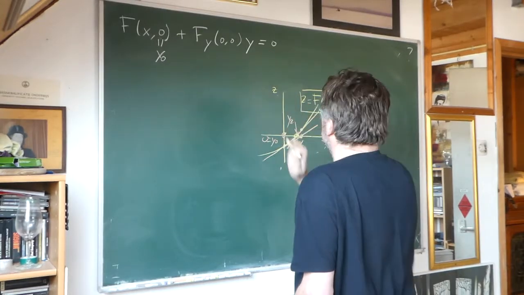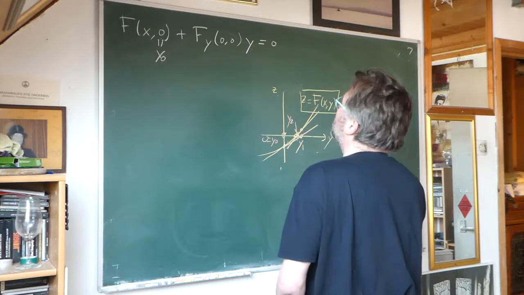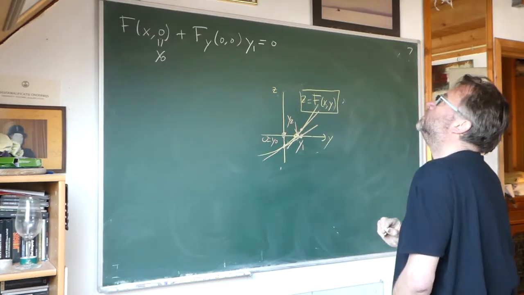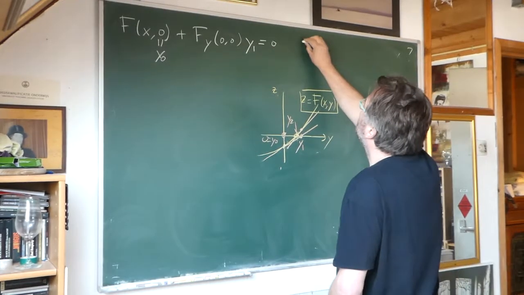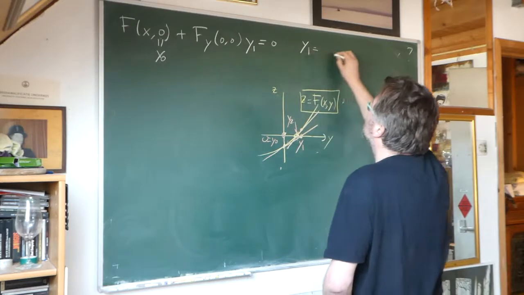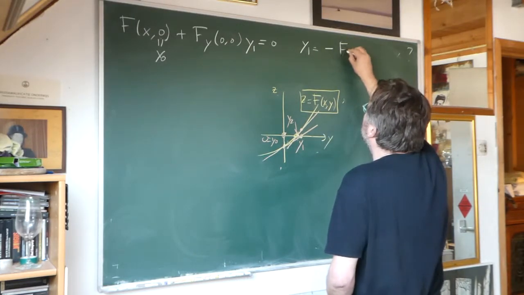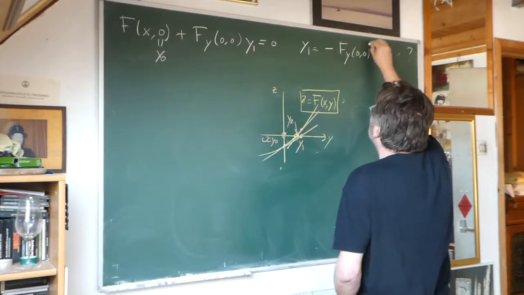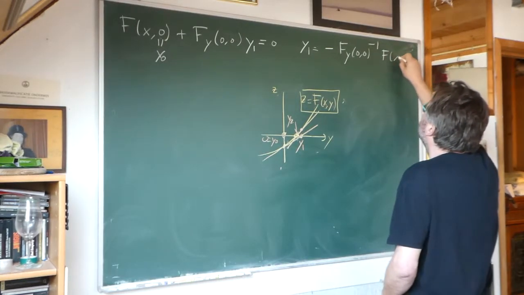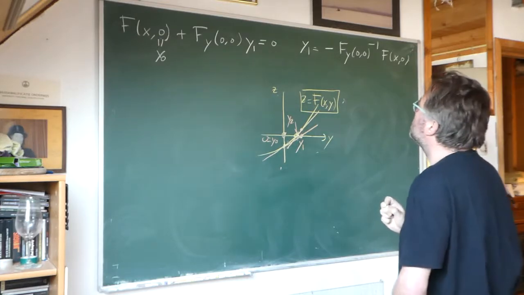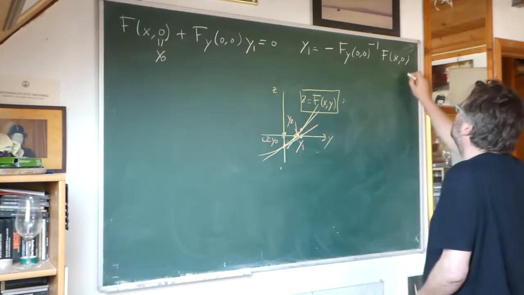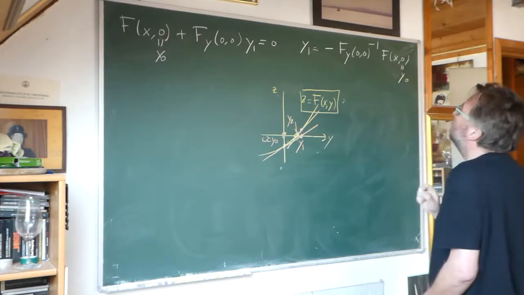This is the orange y, and this is going to give me, in white again, that y1 is defined by y1 equals the inverse of the partial of f with respect to y at 0, 0 acting on f of x and 0. So that's y1 and this is y0.